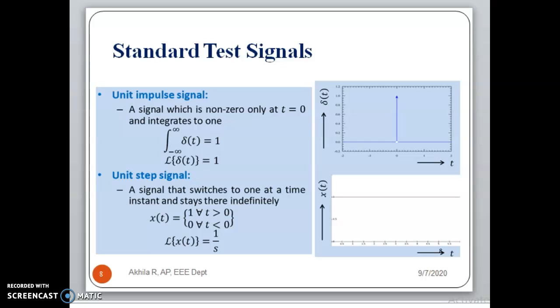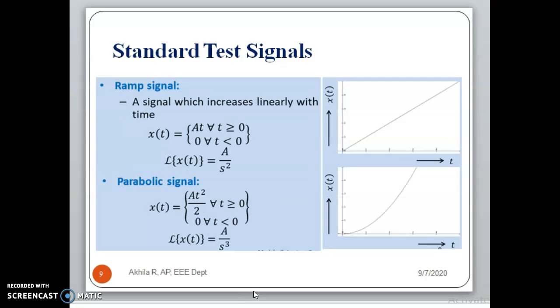I forgot to mention this: the Laplace of the unit impulse has a value of 1, and the Laplace of the unit step is 1 by s. Now moving on to the ramp signal. It is a signal that increases linearly with time. So x of t is defined as a into t whenever t is greater than or equal to 0, and x of t is equal to 0 whenever t is less than 0.